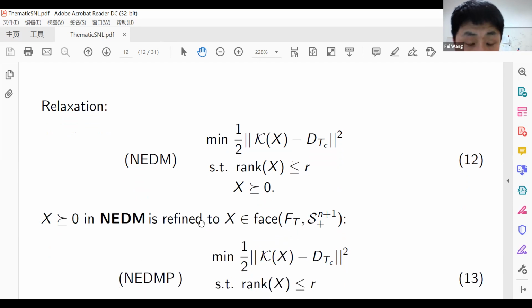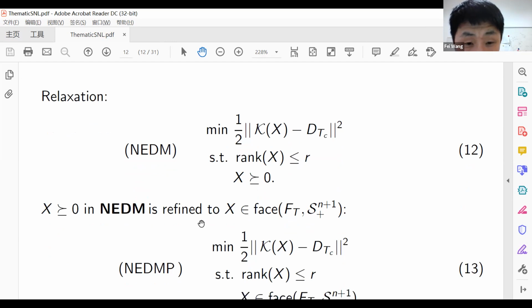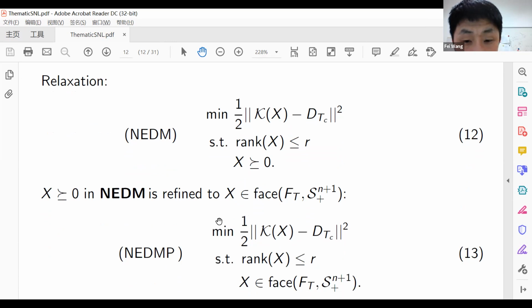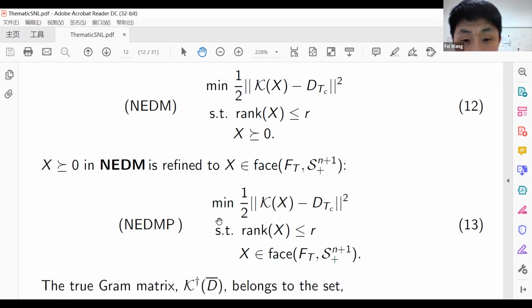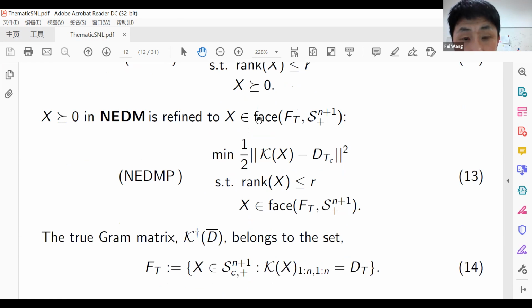We can actually restrict this problem to a face. If we require X to be in this face F_T, where F_T is the set of all PSD matrices such that the EDM is projected to the EDM of the towers.